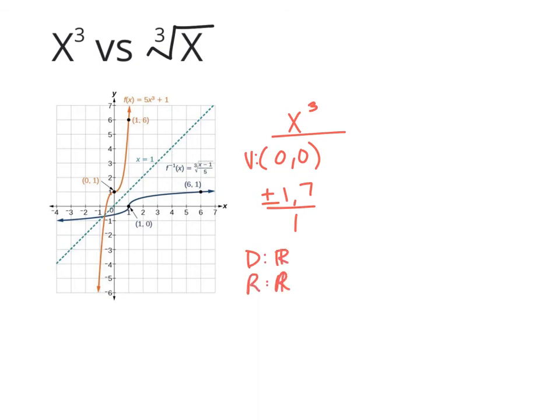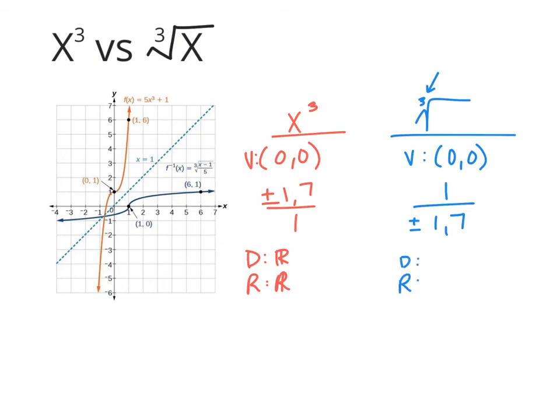All right, now if we switch to the cube root function, and notice the cube root function has a little 3 right here, that's what means cube root. It still is going to have a vertex of (0, 0) in the inverse function, but when we flip the pattern, it's going to be 1 over plus or minus 1, 7. And then the domain and range.